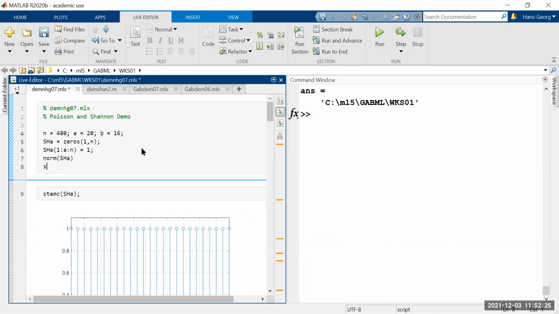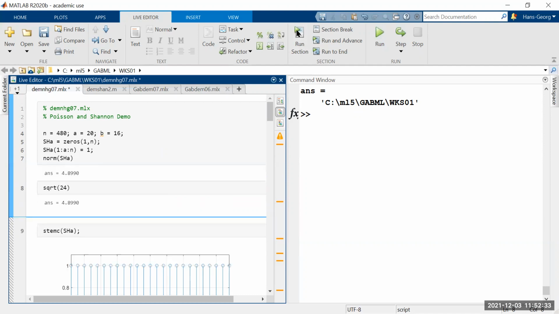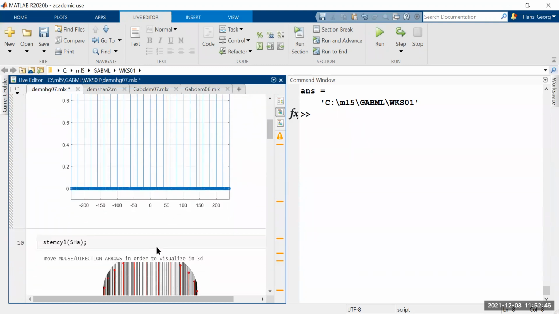And well, we have seen that there are 24 such positions. And in order to be faster, I tell you, of course, the L2 norm of a sequence which has 24 ones is 1 squared plus 1 squared plus 1 squared 24 times, and then you take the square root, so it must be this here.